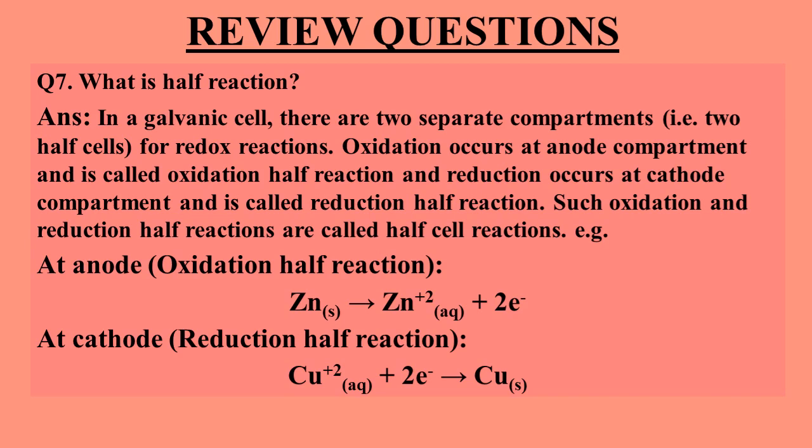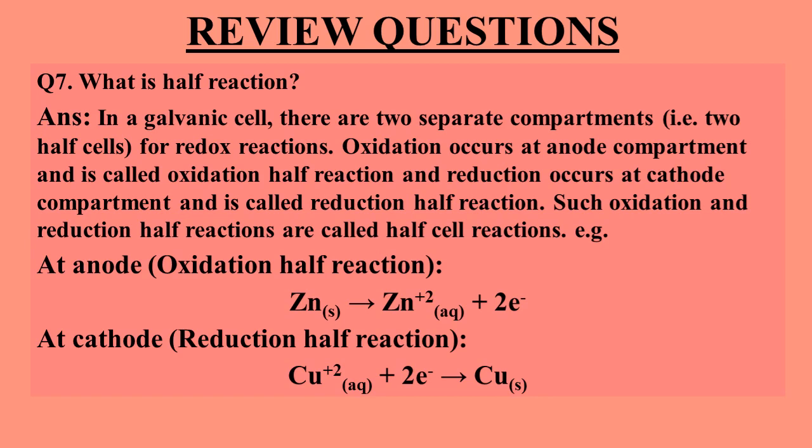For example, in the galvanic or Daniell cell, the oxidation half reaction occurs at the anode, as oxidation, which is the removal of electrons, always occurs at the anode. Here, zinc metal is removing 2 electrons and forming zinc 2+ ions.